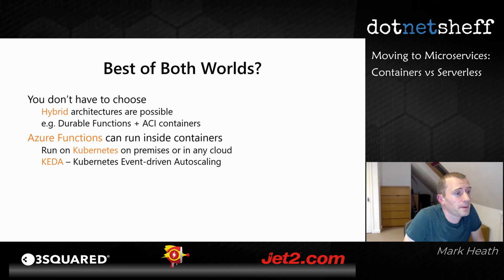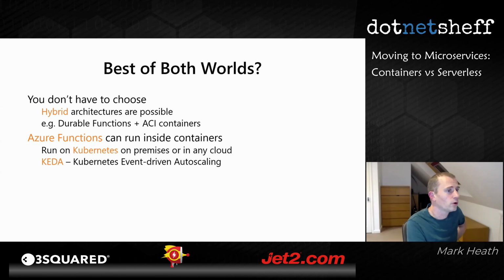Also, as has been mentioned in the chat, you can run Azure Functions inside containers. So when you create your Azure Function app, you can just say, build it as a container, and then you can run that function app inside a Kubernetes cluster. Now that's great, apart from two caveats. The first caveat is, as I've said, most of the integrations that Azure Functions offers are with other Azure services.